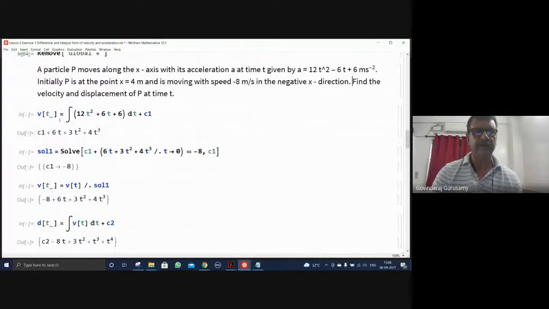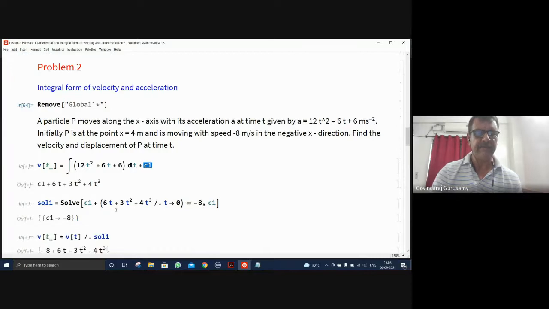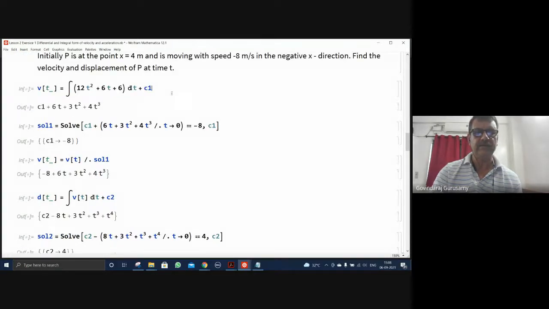Okay, so now we have to find v of t. How do I do that? Just integrate with respect to dt and introduce a constant c1. Then evaluate it and substitute, or it has been given already. But when you integrate, we have to introduce a constant c1 that can be obtained by proper initial conditions.